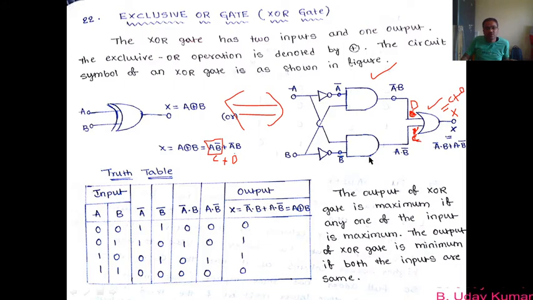The inputs of this XOR gate are A and B, and its output becomes A bar dot B plus A dot B bar. So let us mention those inputs and outputs in the table. I have taken the inputs as A and B, and the output as X, which is A bar dot B plus A dot B bar.